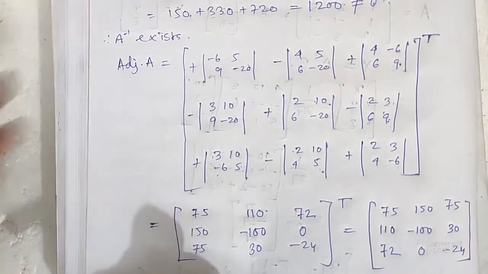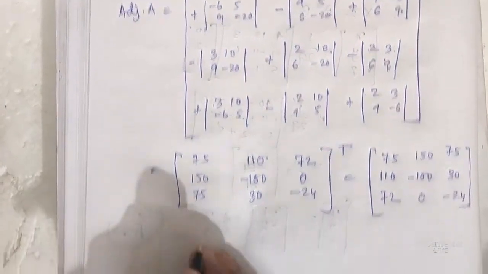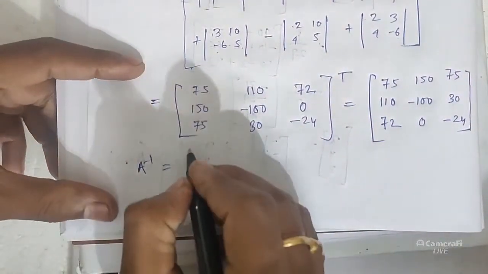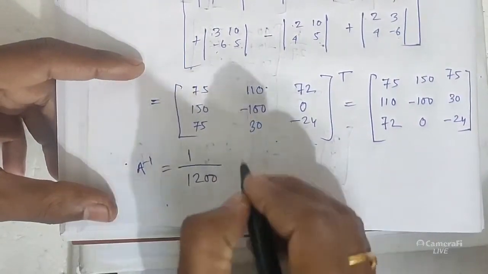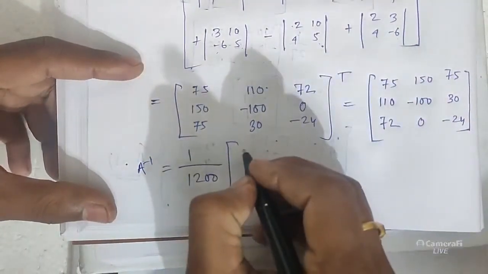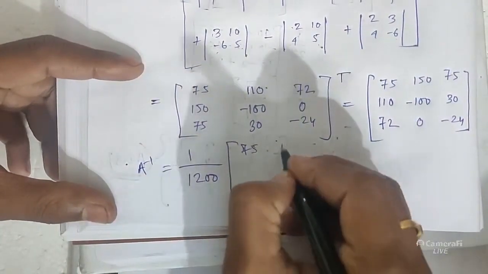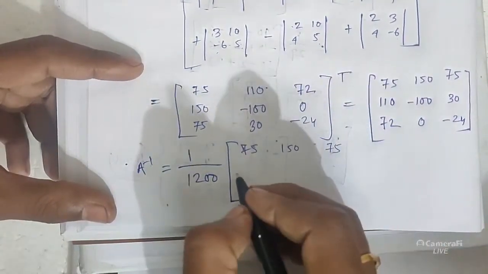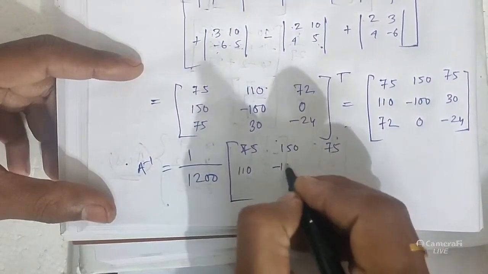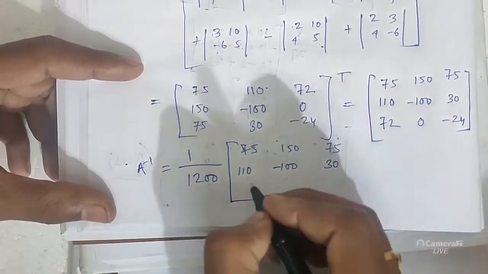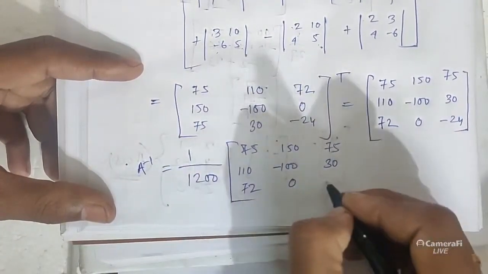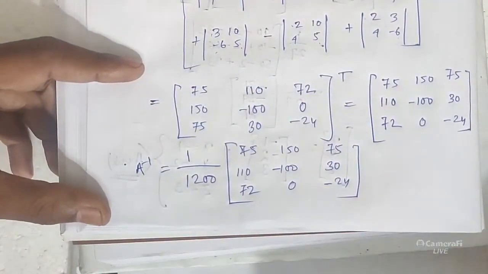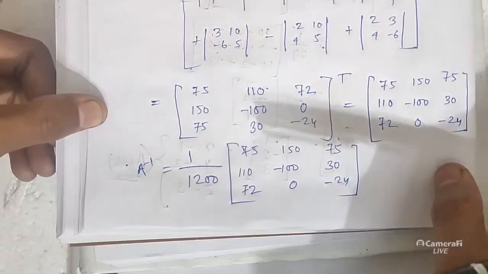Next we have to find A inverse. Therefore A inverse is equal to 1 by determinant, that is 1 by 1200 into this matrix adjoint A: 75, 150, 75; 110, minus 100, 30; 72, 0, minus 24. Therefore what will be the value of x?